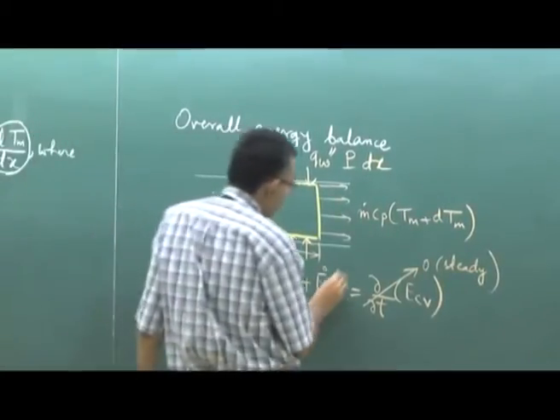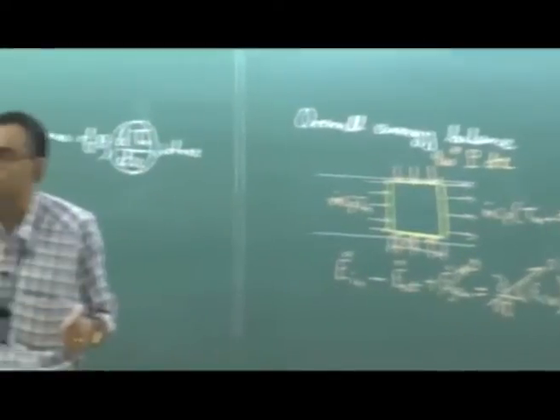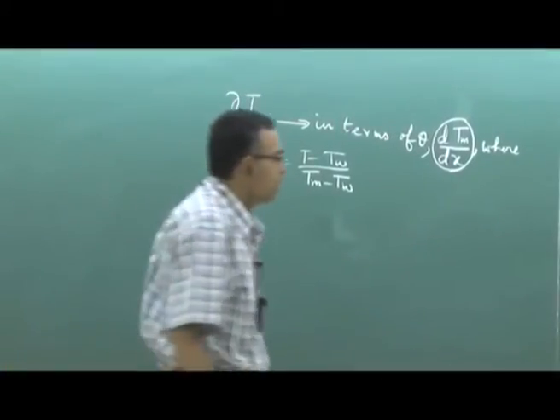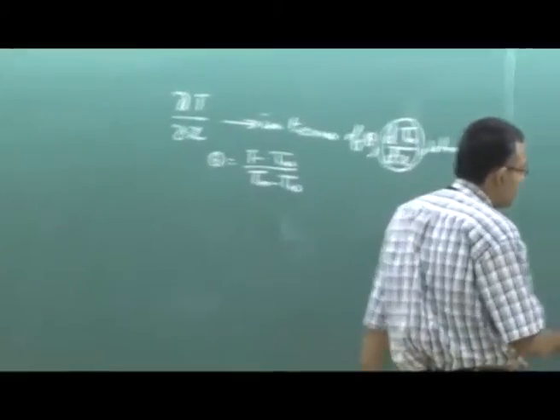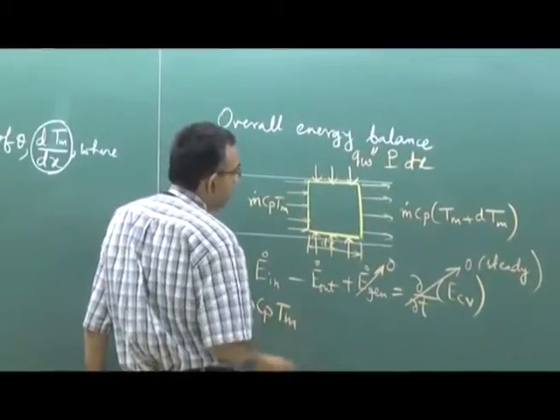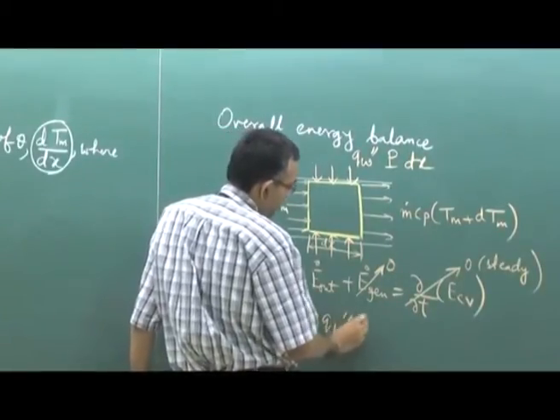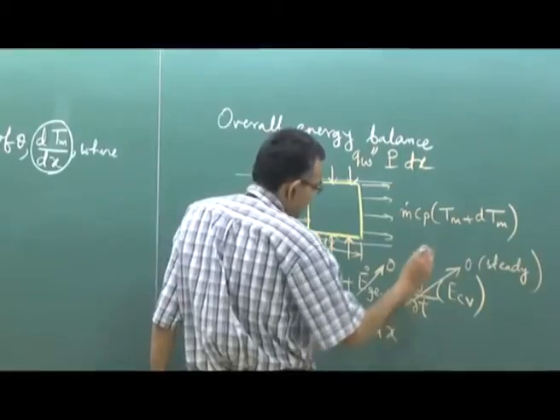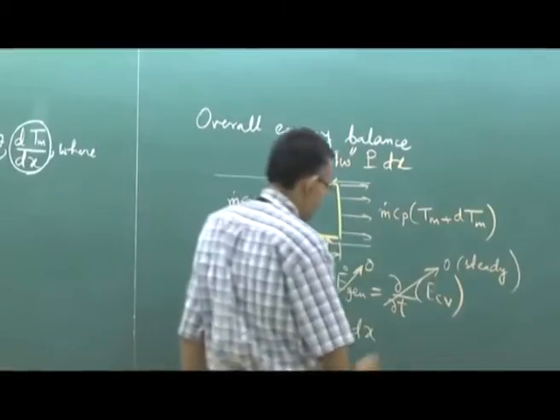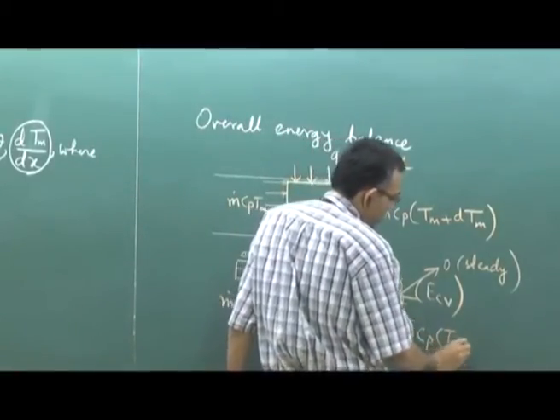Rate of energy generation is 0, which we are not considering in this problem. If there is some rate of energy generation, we can accommodate it in this formulation very easily. Rate of energy in is m dot Cp Tm plus Q double prime P dx. What is the rate of energy out? M dot Cp (Tm plus dTm).